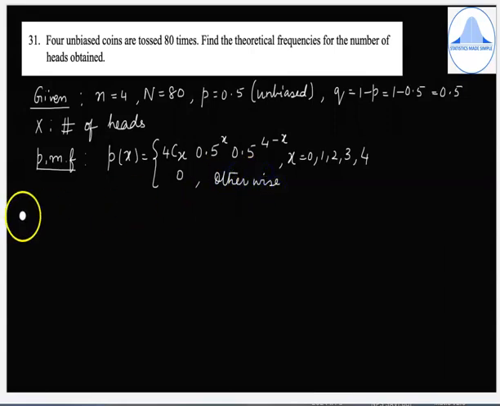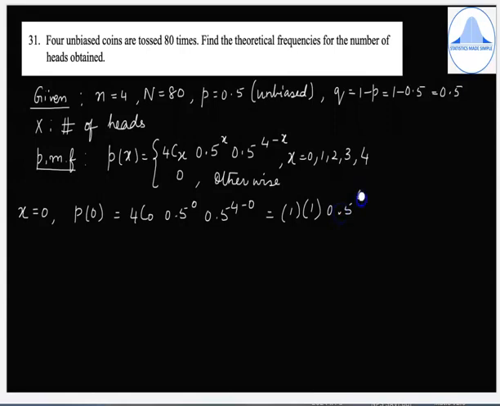Now the next step is to find out the probabilities when x is equal to 0, 1, 2, 3 and 4. So when x is equal to 0, P of 0 is equal to 4C0, 0.5 to the power 0, 0.5 to the power 4 minus 0. So which is 1 into 1 into 0.5 to the power 4, which is equal to 0.0625.